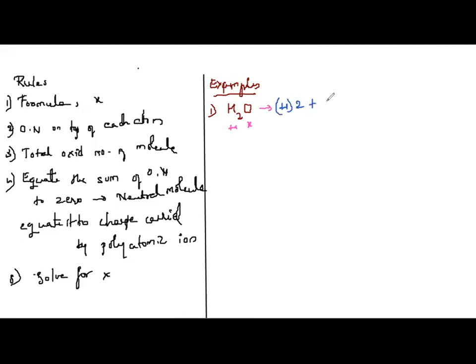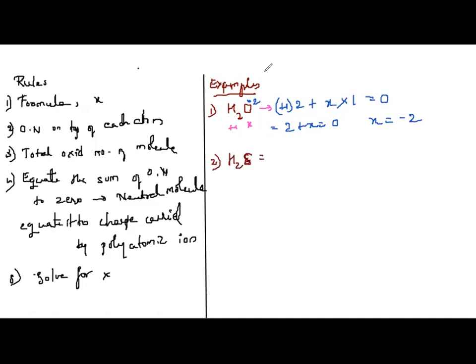Plus oxygen, taken as X, into how many atoms of oxygen? 1, equal to, since it is a neutral molecule, equate it to 0 as our rule says. So 2 plus X is equal to 0. What will X be equal to? X will be equal to -2. So oxygen will carry what charge? It will carry a -2 charge. Similarly, take H2S.